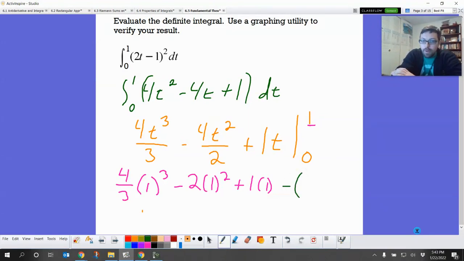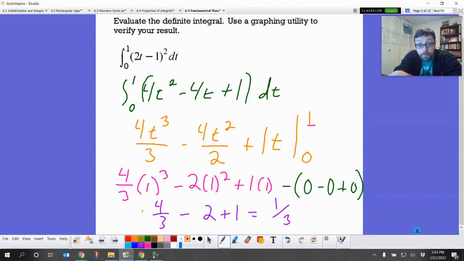Well, if we put 0 in that 4/3 with a t, that's 0. Minus 4/2 times 0, 0. Plus 1 times 0, also 0. So we're not subtracting anything. It's just the first part that we've got to evaluate. So that's 4/3 minus 2 plus 1. So that is a number. I think it's 1/3.